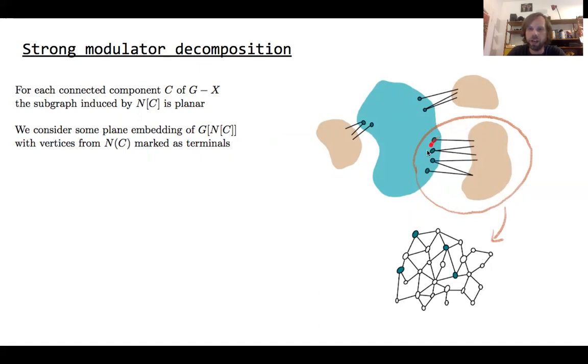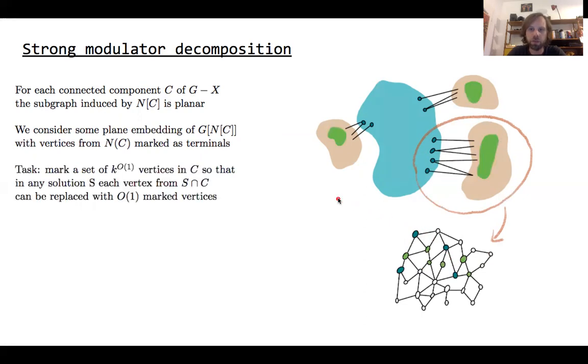So for any such subgraph, we can consider some plane embedding of C plus its neighborhood with the vertices from the neighborhood marked as terminals.